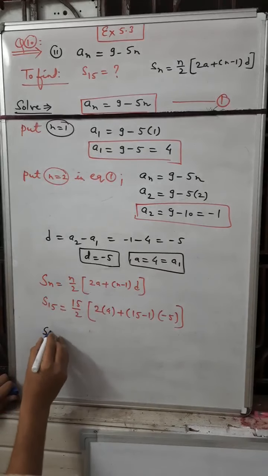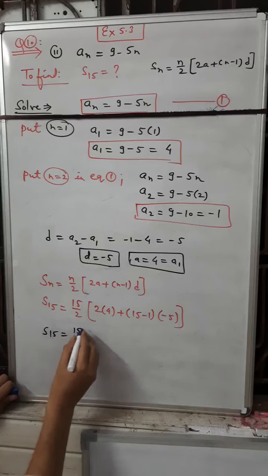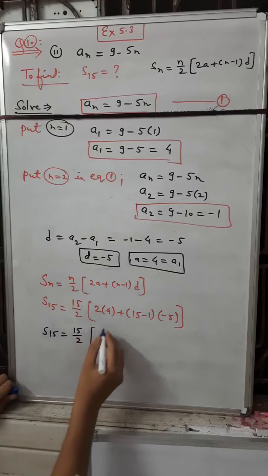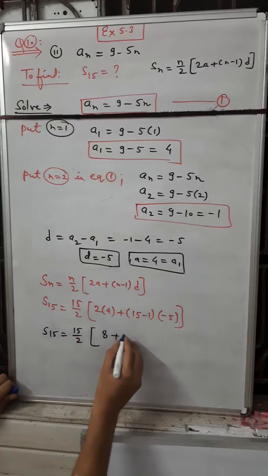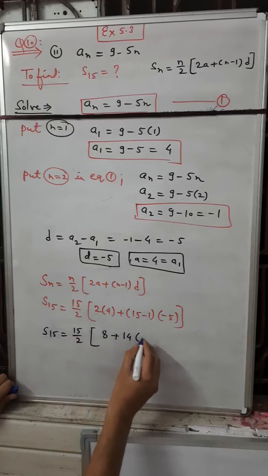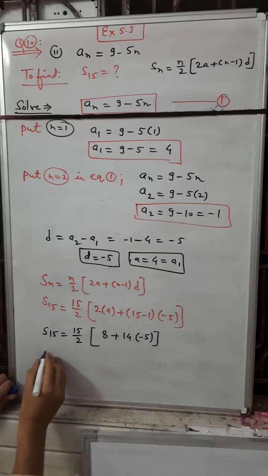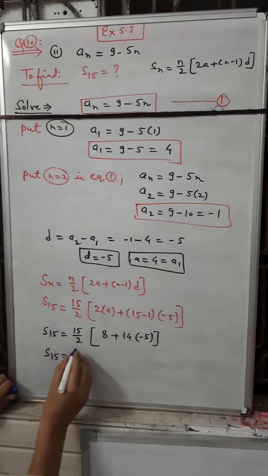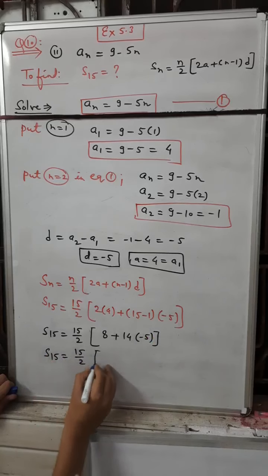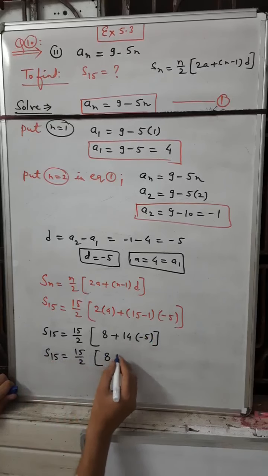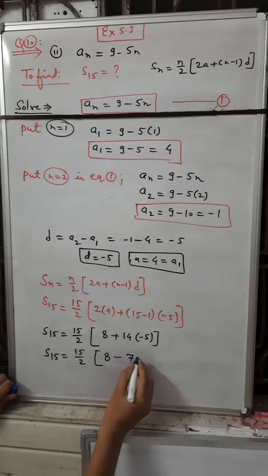So S15 is equal to 15 by 2, 4 twos are 8, 15 minus 1 is 14, and minus 5 will be multiplied here. So S15 is equal to 15 by 2, 8, 14 fives are minus 70.